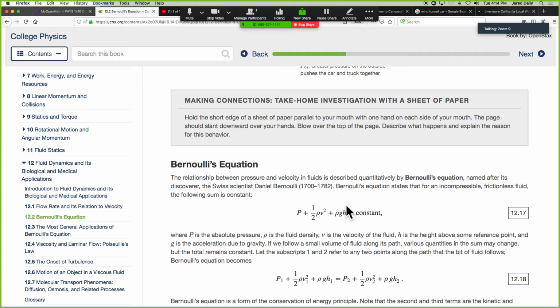If the fluid goes from a height of h down to another height of h2 or h final, then you're going to have to put that change in height into this equation to keep track of the energy in the system. And if you have a closed system where the fluid is flowing from one point to another and no fluid is lost, then this equation is very much like the conservation of energy equation, where it's always constant.